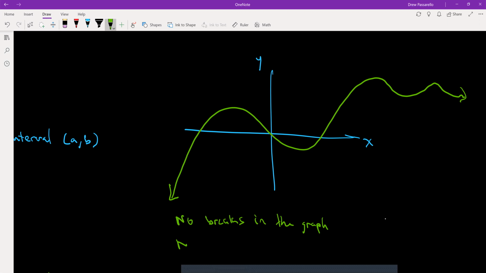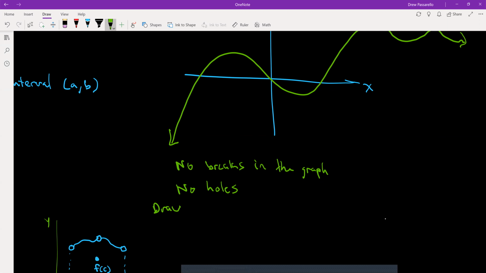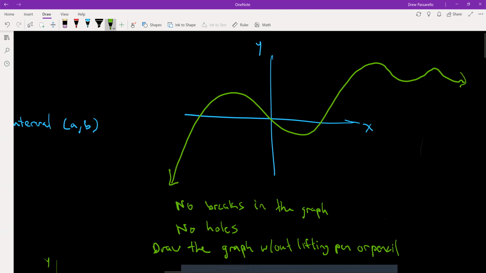There's no holes. So basically you can draw the graph without lifting your pen or pencil. That's what it means in very simple terms, what a continuous function is going to be.